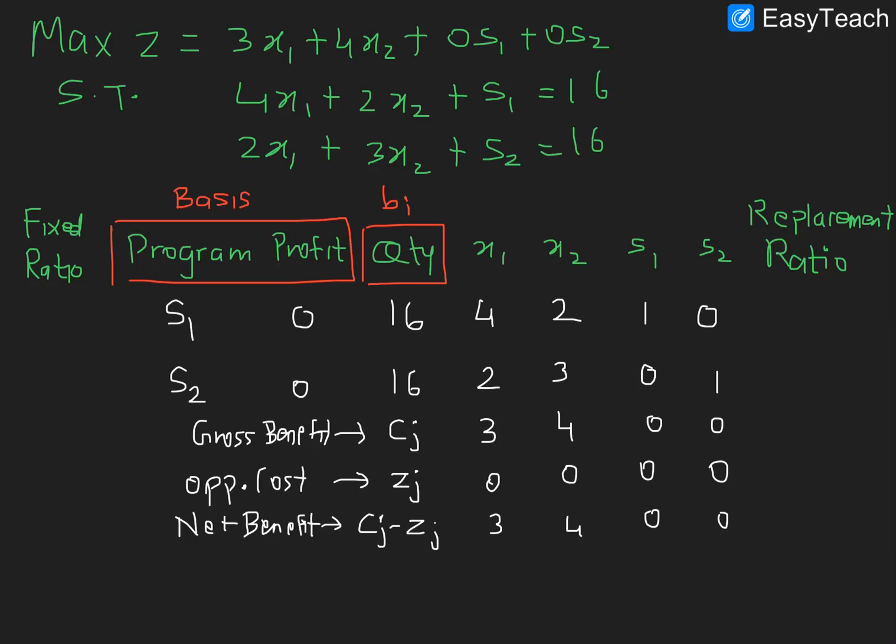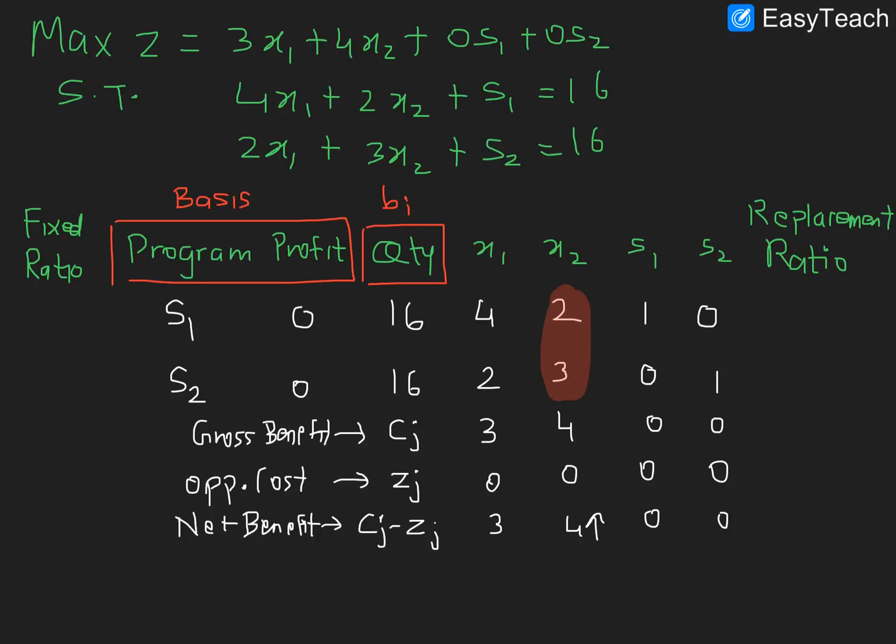So we select this one and we mark this as the key column. So this is going to be the key column for us. Let me just shade it as the key column. Fine.